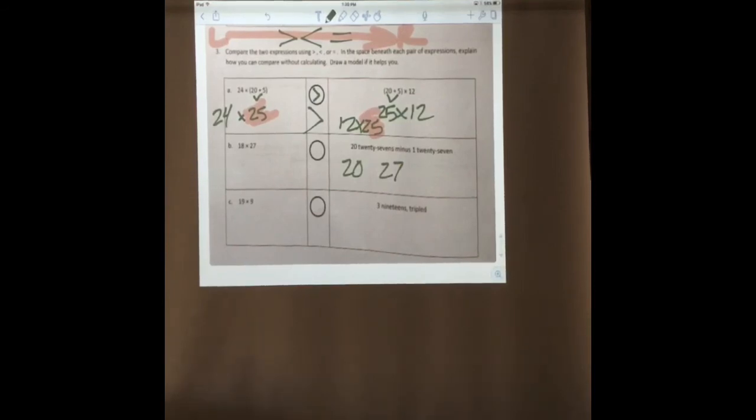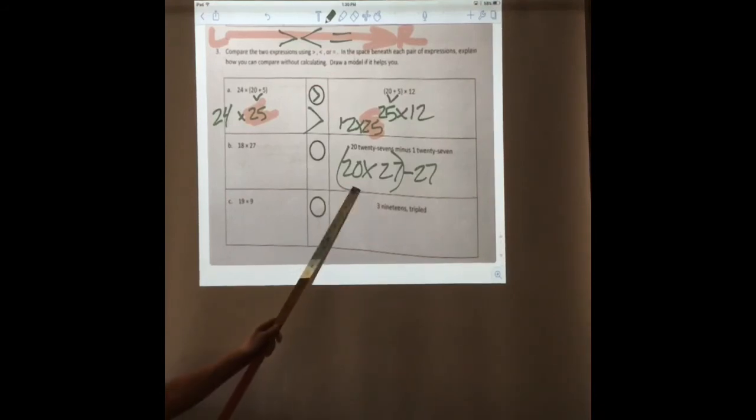Take away. It means subtract or take away. And we're going to take away 1 27, right? Now what sign should we put in between 20 and 27? Multiplication sign. So we can put our parentheses like that, and we could do our problem, right? That would work, wouldn't it?